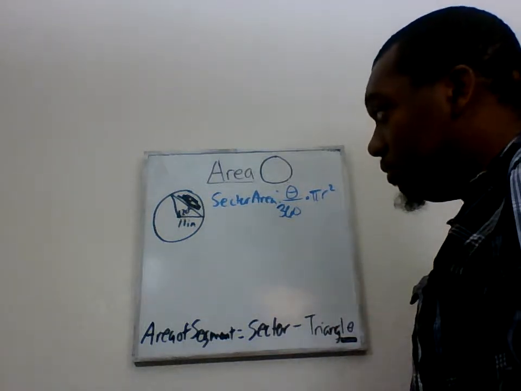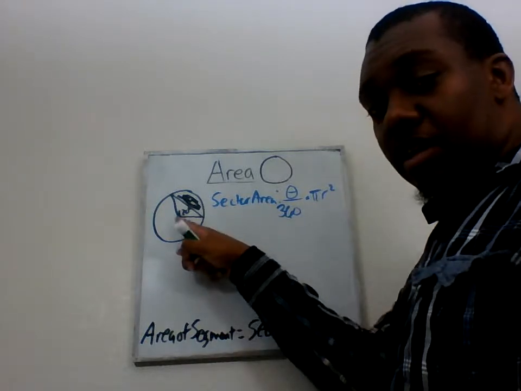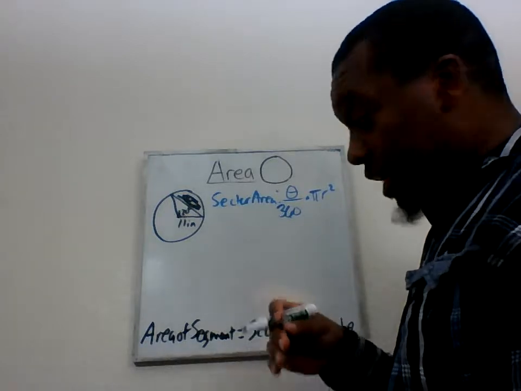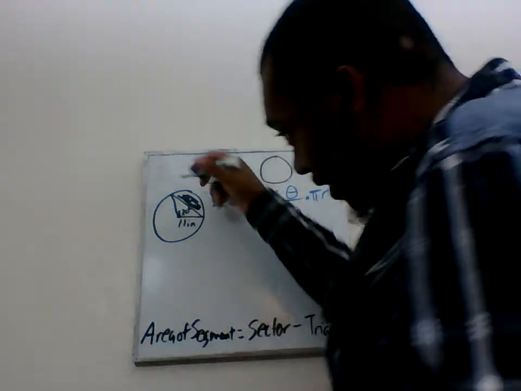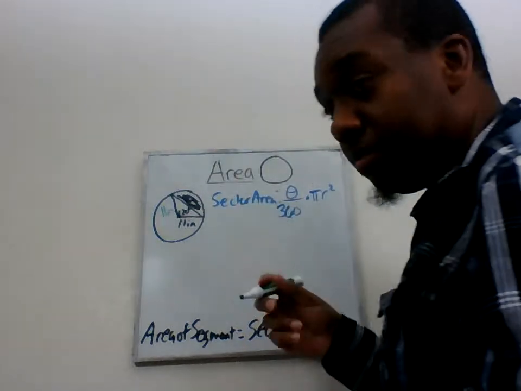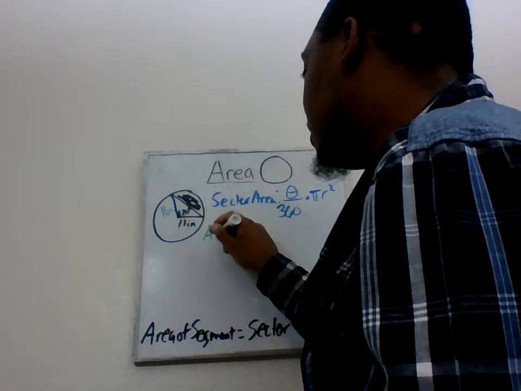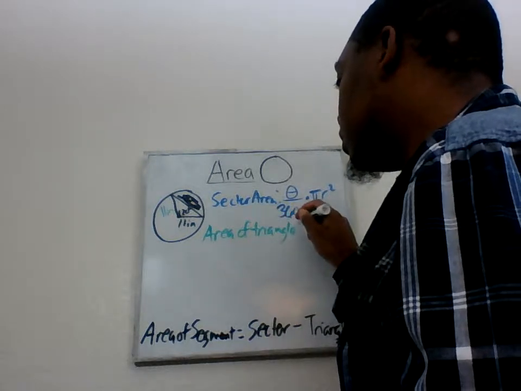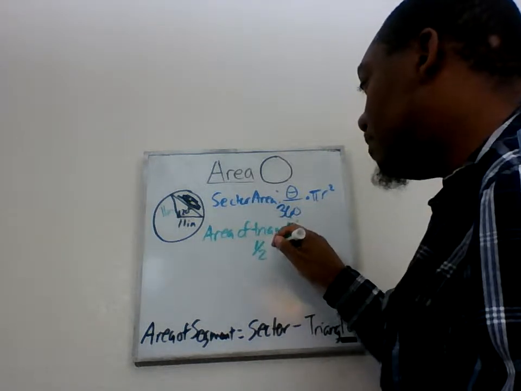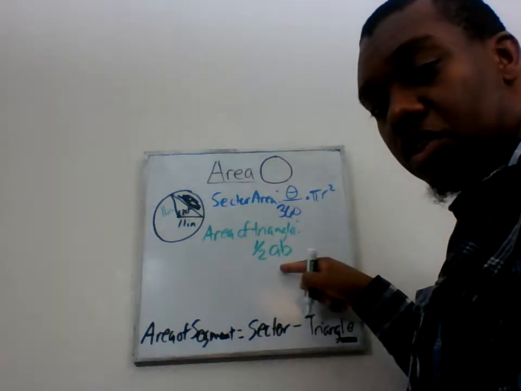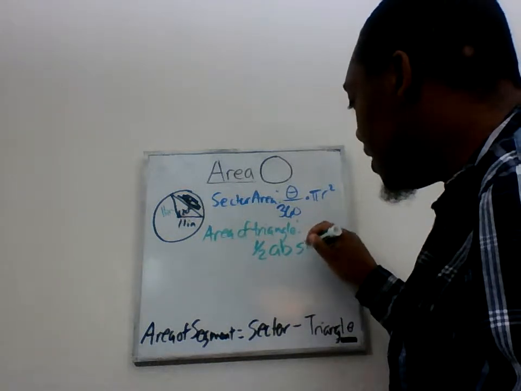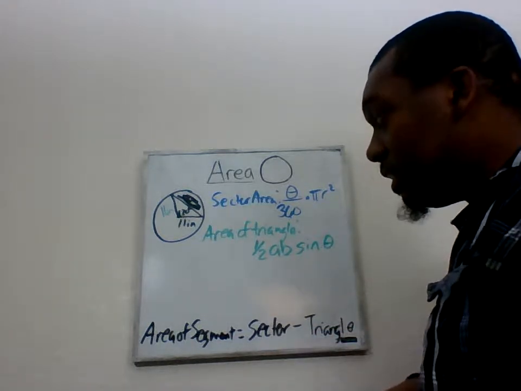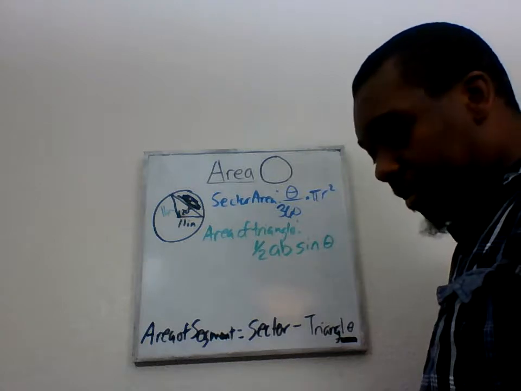And for the triangle, we know that the radius is 11, so both sides of the triangle that create the 120 degree angle are both going to be 11 inches. And so the area of a triangle can just be 1/2 the product of the two sides that are given here times sine of the angle.